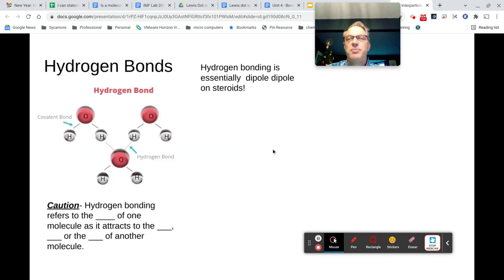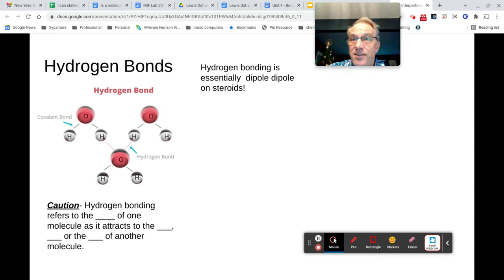Next, hydrogen bonds. Water is a beautiful case of a hydrogen bond. Think of hydrogen bonding materials as permanent dipoles on steroids. However, here's the key, and people get this wrong every year. People always think the hydrogen bond means anything with hydrogen attached to some other atom. That's not what it means.